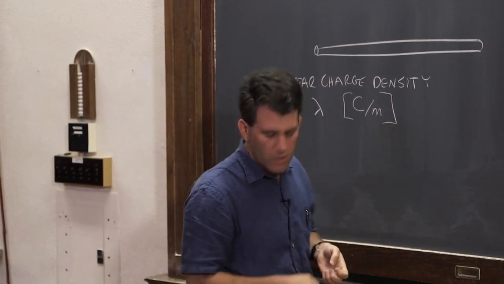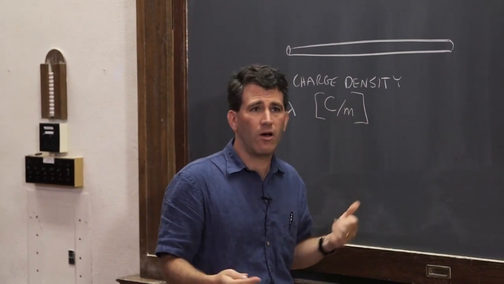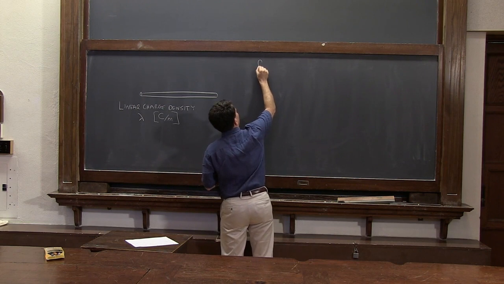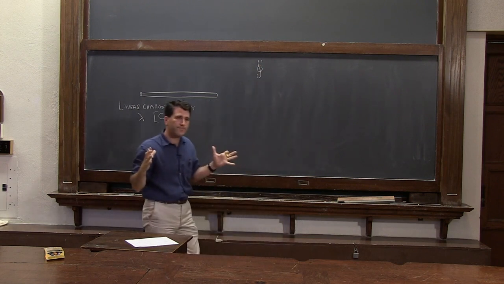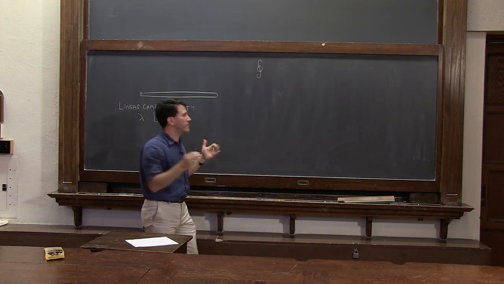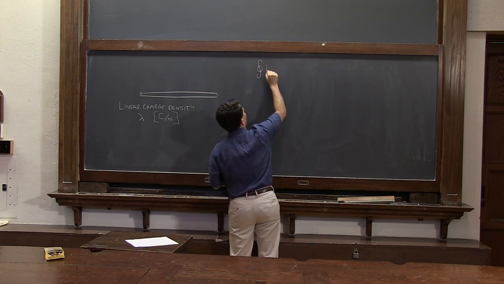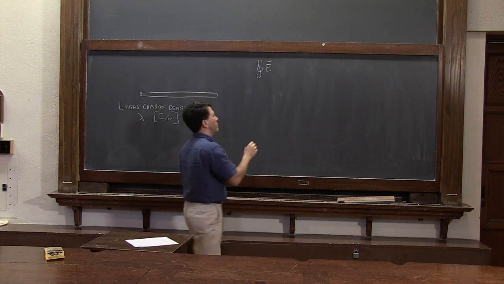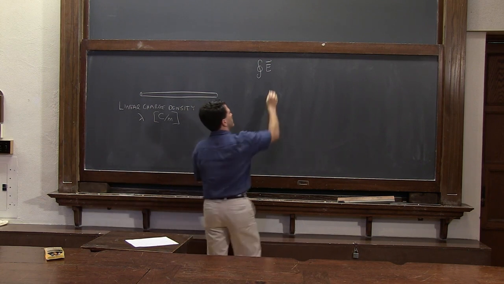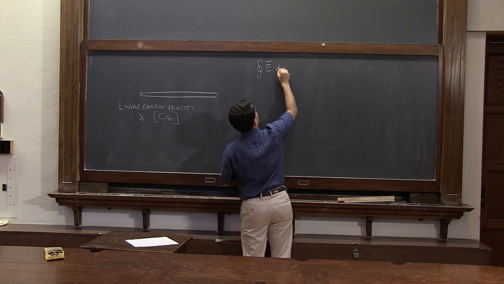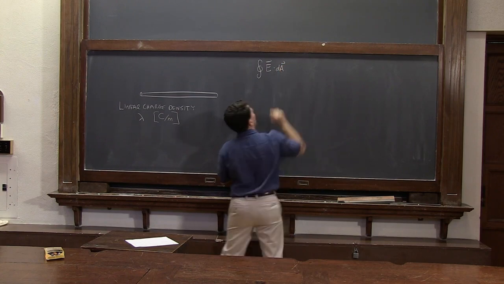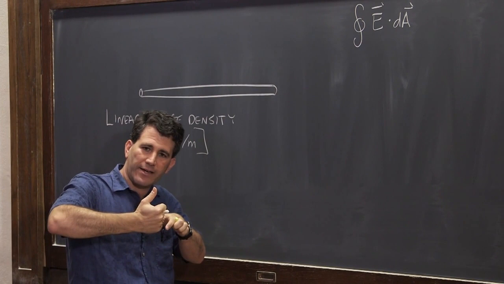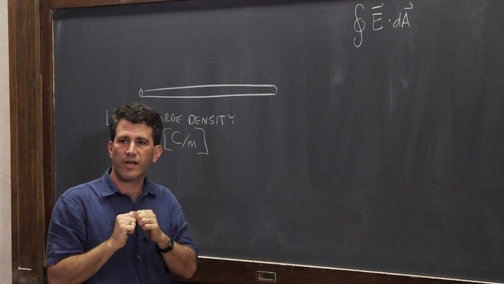So obviously, if I have twice as long a line, I have twice as much total charge. Now, what you learned when talking about Gauss's law is this idea that I can have some closed surface, and I'm going to take this closed surface, and over that surface, I'm going to perform an integral of the electric field at whatever little spot I am on the surface, dotted with a little piece of surface, and the vectorial direction is given by a little unit vector that's normal to the surface there.